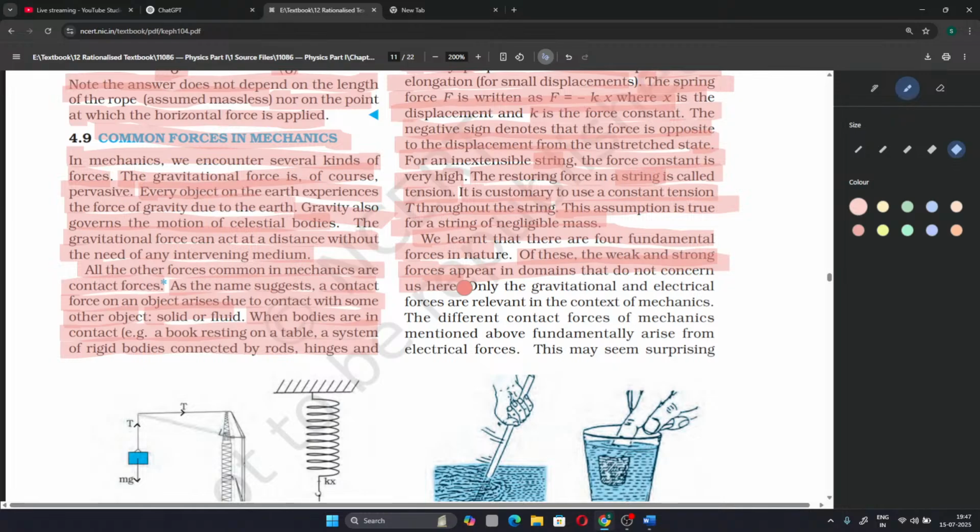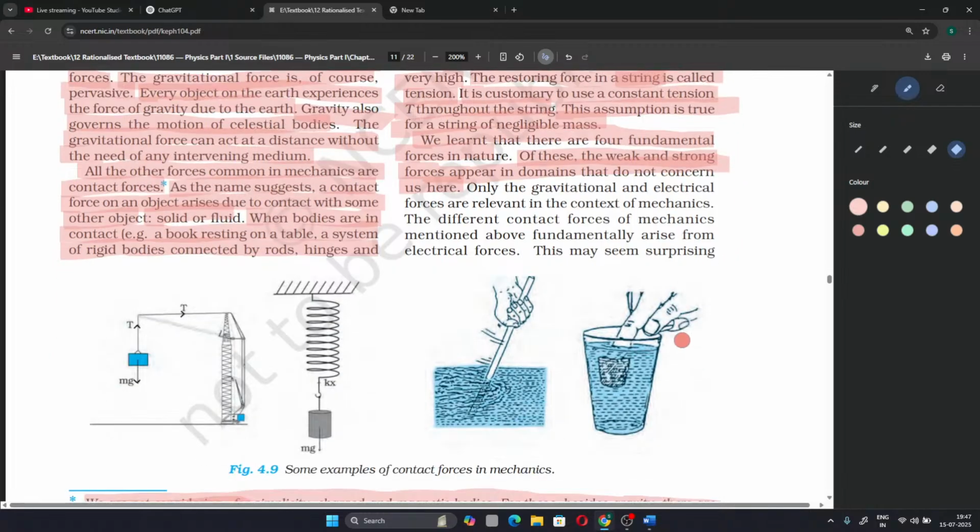The strongest force is the strong nuclear force, which we are not going to study in our 11th and 12th classes. Only the gravitational and electric forces are relevant in the context of mechanics.